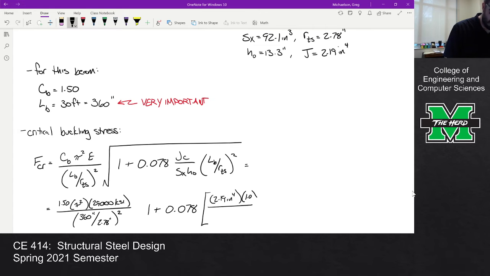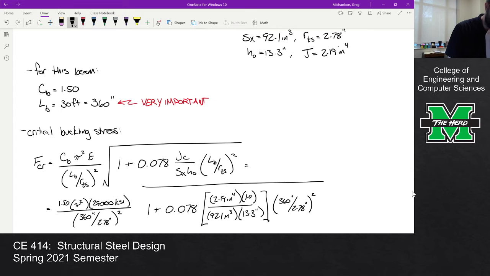C is 1 for I shapes. SX is 92.1 inches cubed, and then H naught is 13.3 inches, and then 360 over 2.78 squared, and all that is under a square root.